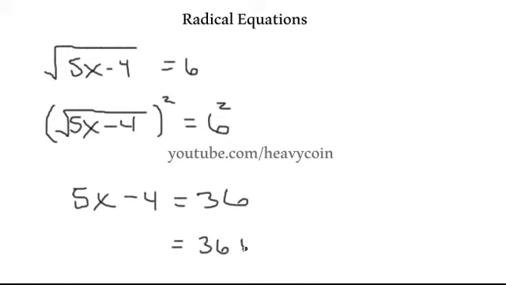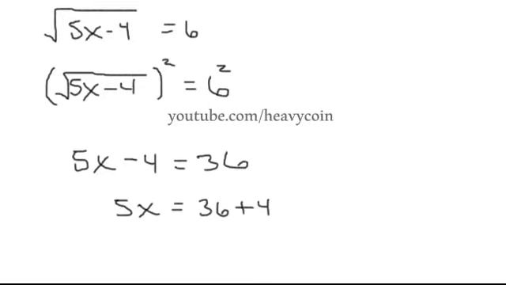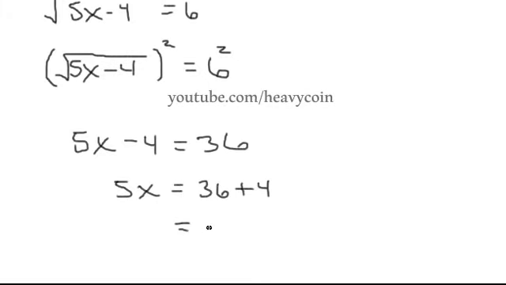Then we have 36 plus 4, bringing that 4 over to the right. So now we have 40, 5x, so x is equal to 8.